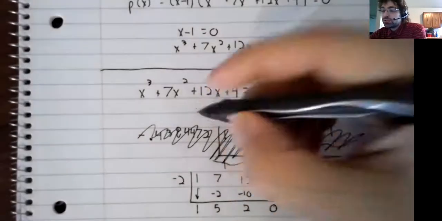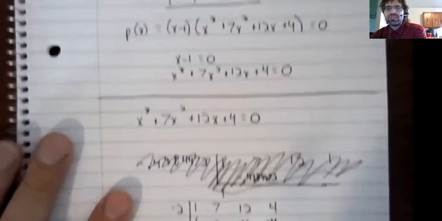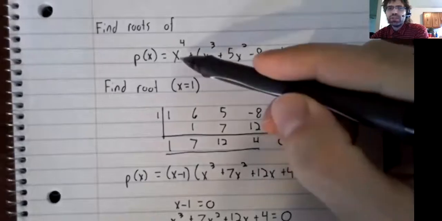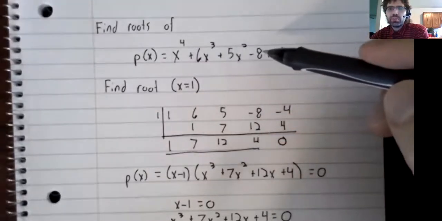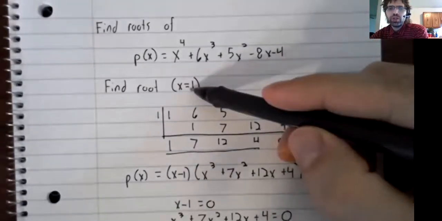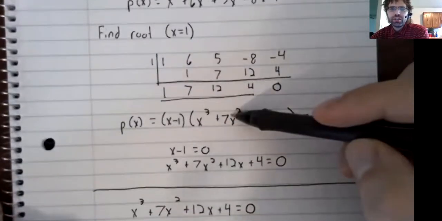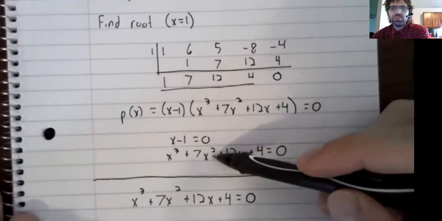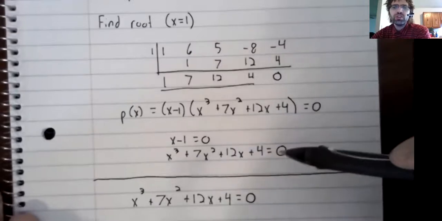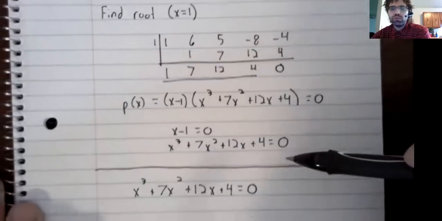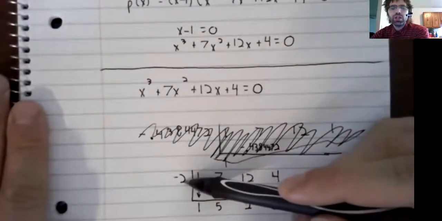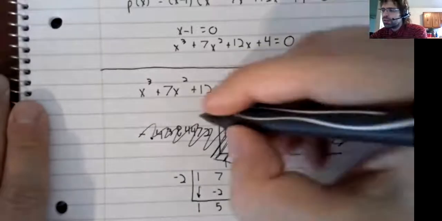And now you just repeat this process. So how did this work, as it were? We started with this polynomial. We found our root. We factored the polynomial. Then we set this polynomial equal to 0. So we found a root on our calculator.